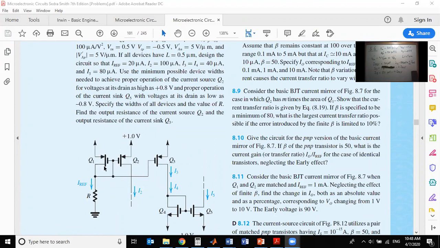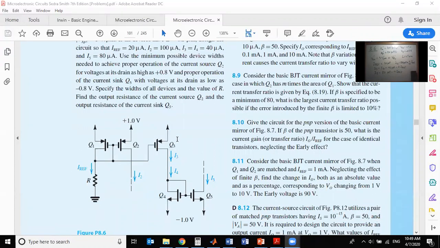Now the gate of Q1 is connected to the gate of Q3, similar to the gate of Q2. So Q3 will carry a current that's a replica of our IREF, but multiplied by a factor. It's the same current, but in this case it's going to be 2 times. So we have to design W over L of Q3 to be 2 times higher than Q1, and Q2 to be 5 times that of Q1, and so on. So Q3 is a copy of IREF, but multiplied by 2.